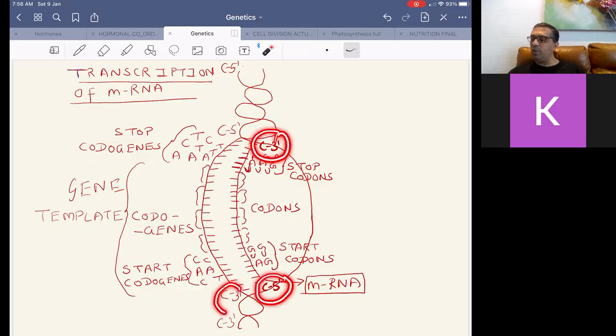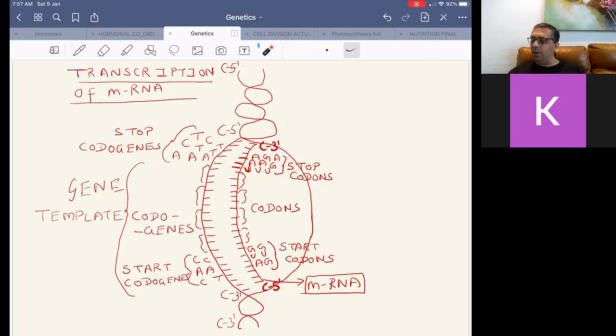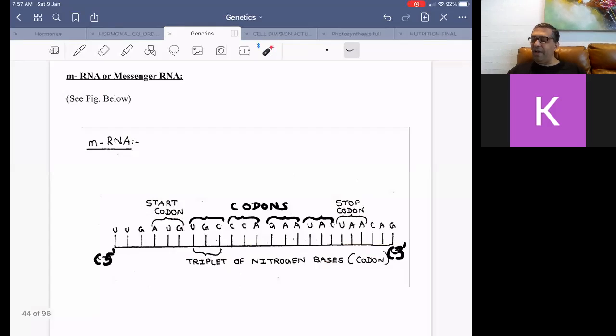DNA is C3 to C5, so mRNA will be C5 to C3. At the C5 end we have the start codon, then we have 1,000 codons. At the C3 end we have the stop codon, one of the three stop codons. And check this here. This is your C5 end, and here we have AUG.